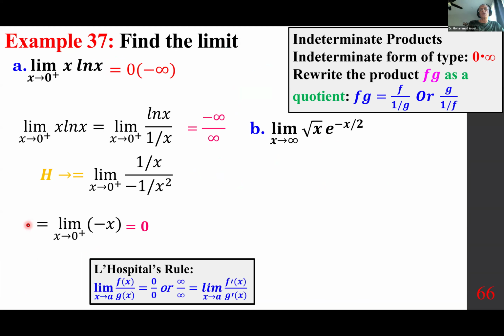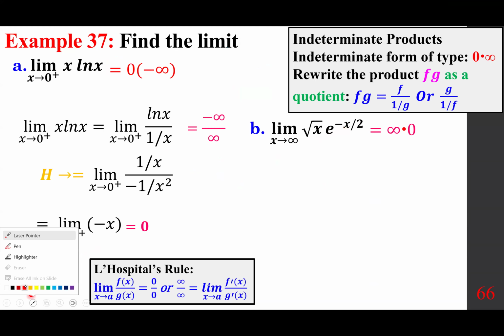Now, the limit of square root of x times e to the power of negative x over 2 as x approaches infinity. This is square root of infinity, which is infinity, and e to the power of negative infinity is 0.